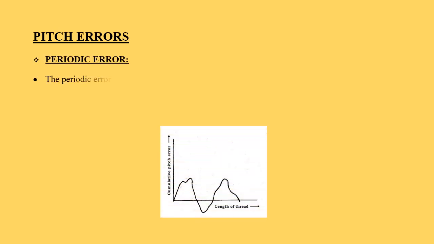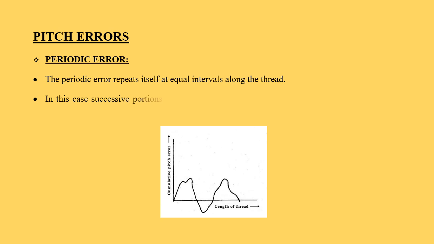Periodic error is another type of pitch error which repeats itself at equal intervals along the thread. In this type of error, the successive portions of the thread length may be either shorter or longer than the mean value.